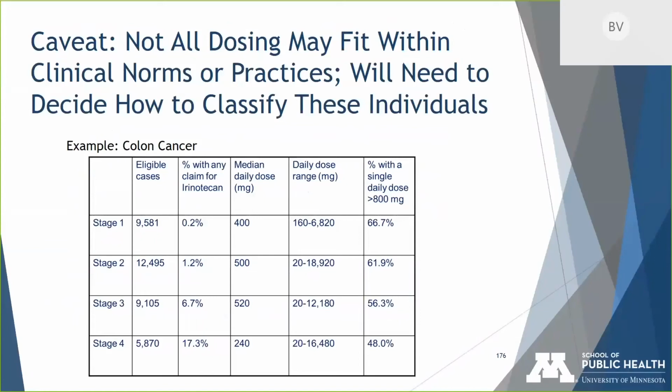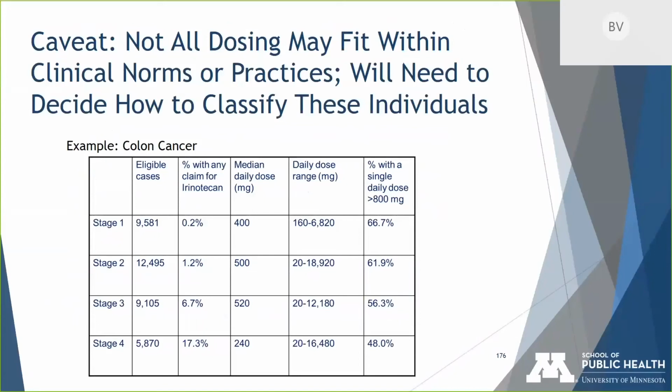So we took an example of individuals who were diagnosed with colorectal cancer and broke them out by stage, looking at those who had any claim for irinotecan, and looked at overall what their median daily dose was.